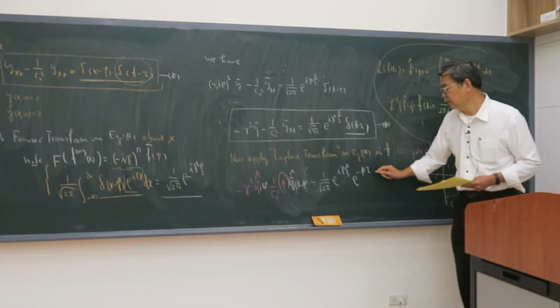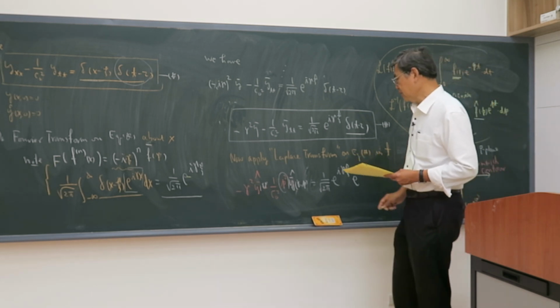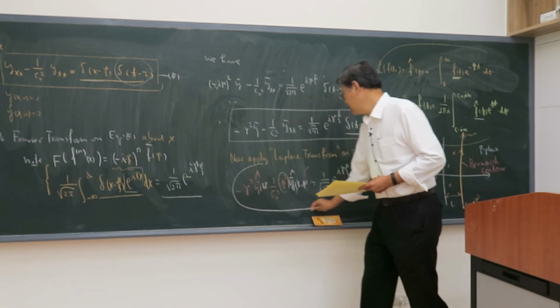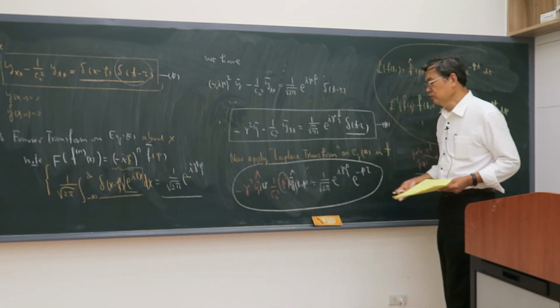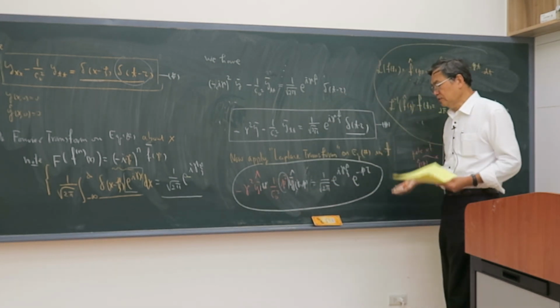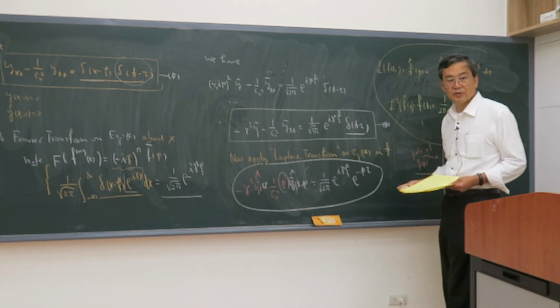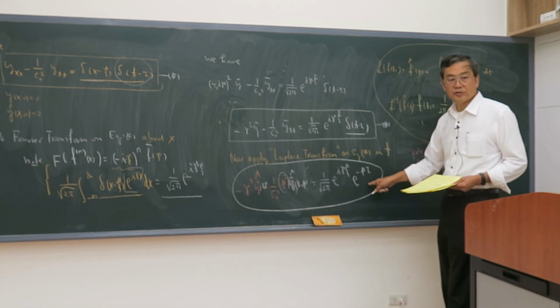So this is my equation after two types of transformation. So this is an algebra equation.